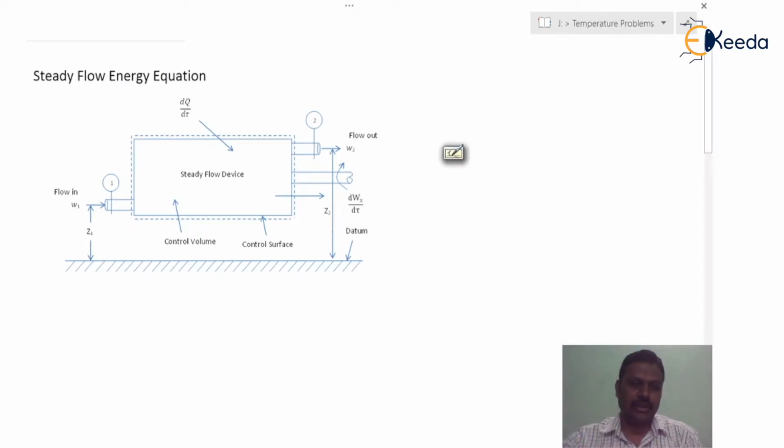Sections 1 and 2 indicate the entrance and exit of the control volume. Then the following quantities are defined with reference to this figure.